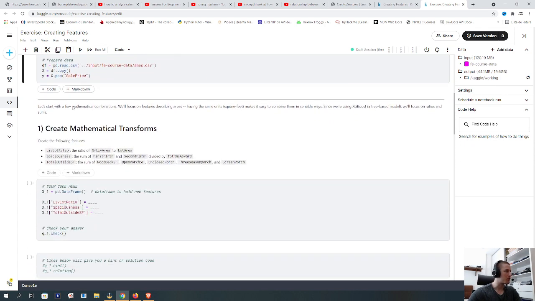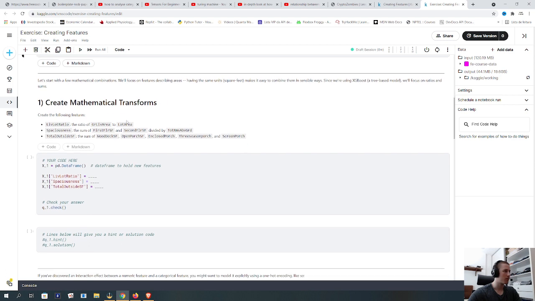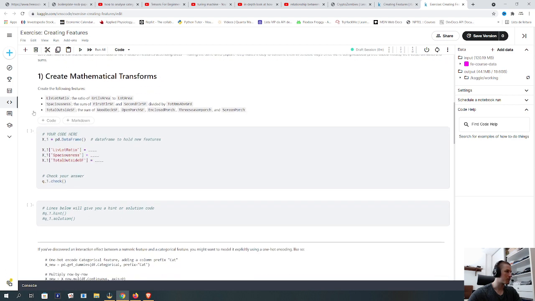And then prepares the data. Let's start with a few mathematical combinations. We'll focus on features describing areas. Create mathematical transforms. Create the following features. Living lot ratio, the ratio of ground living area to lot area.